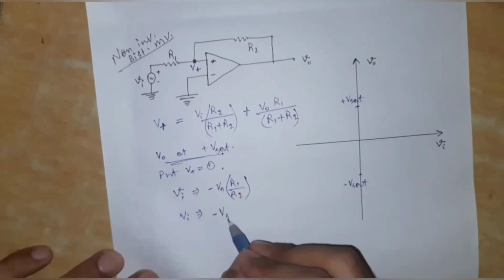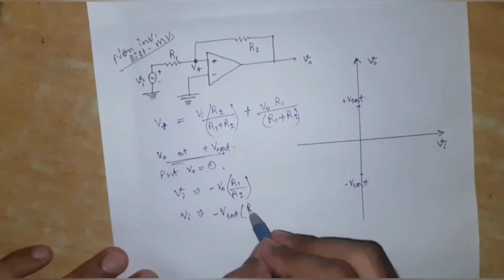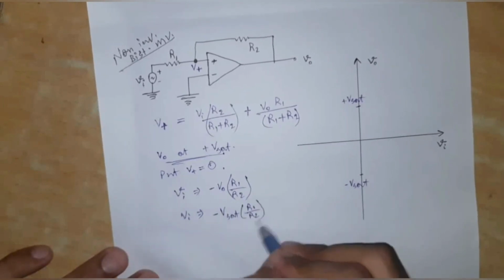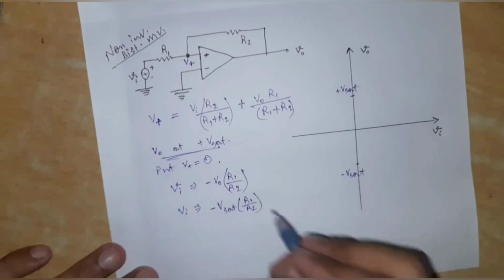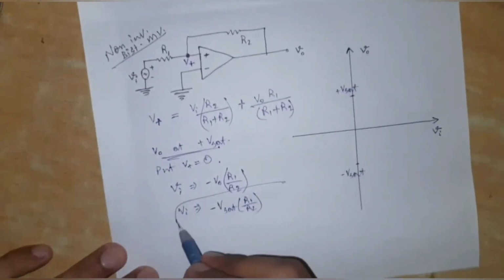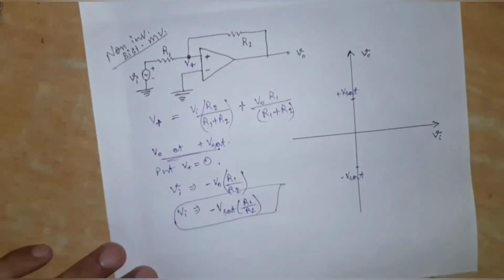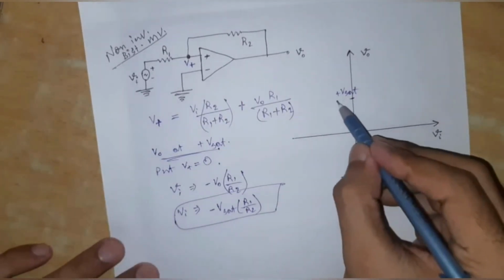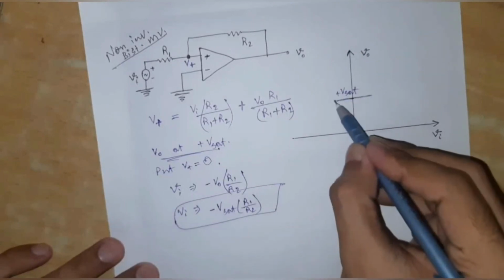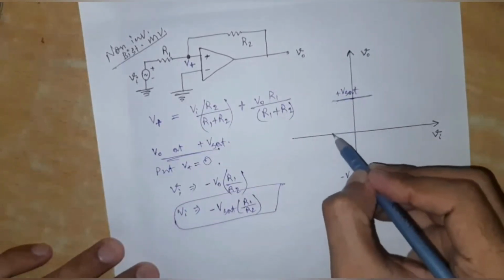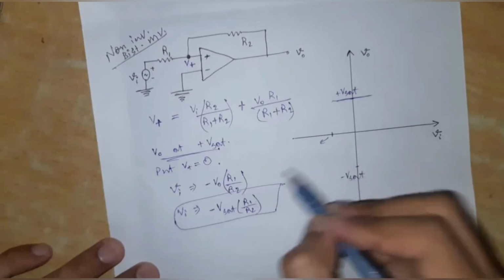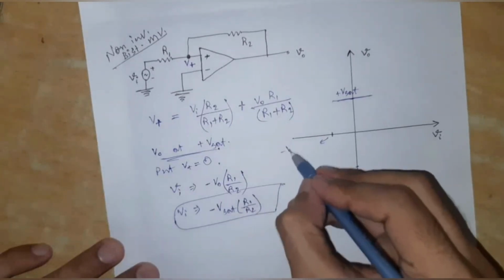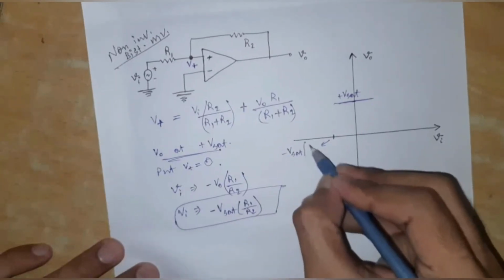It will become minus Vsat into R1 by R2. So this is the value where the output transitions from plus Vsat to minus Vsat. That is, we were constantly decreasing the V input value, and here at some point, which is given by this minus Vsat into R1 by R2.